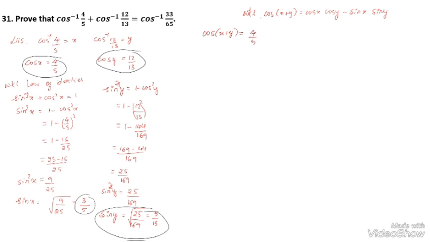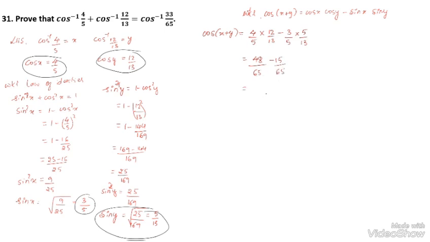That is 4 by 5 into cos y, that is 12 by 13, minus what is sin x? 3 by 5 into what is sin y? 5 by 13. Now 4 into 12, 48, 5 times 13 is 65, minus 3 into 5 is 15 divided by 65.